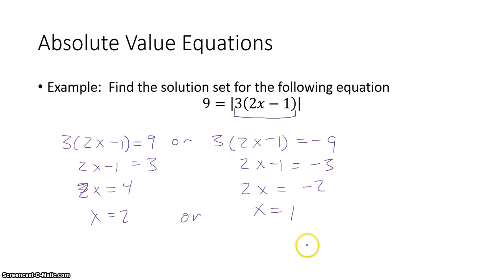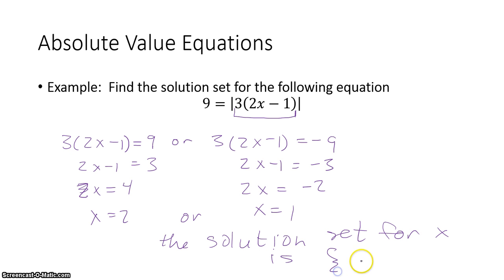With these two solutions, we need to read the instructions and remember the solution set for x is squiggly bracket 2 comma minus 1.